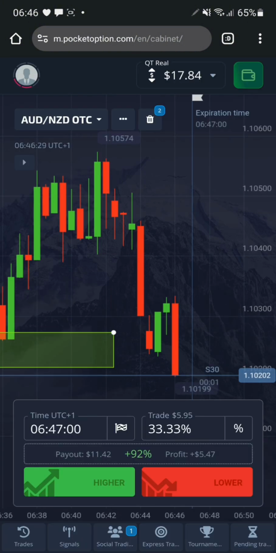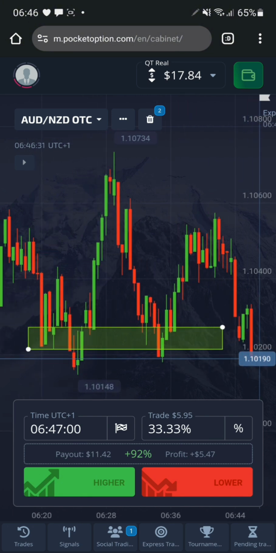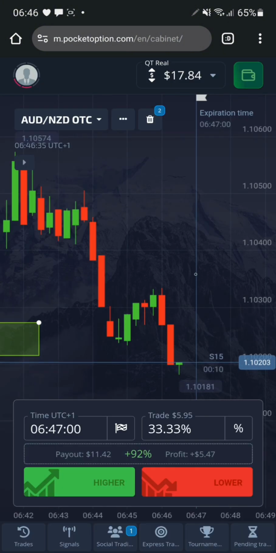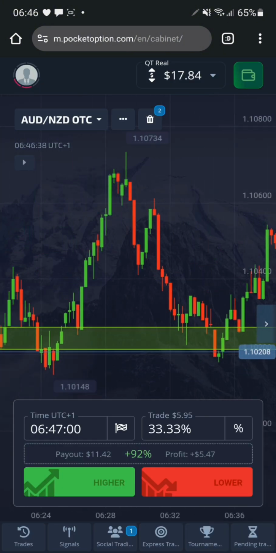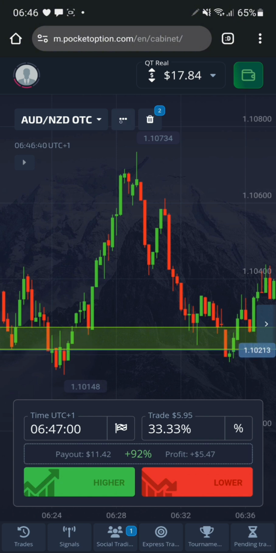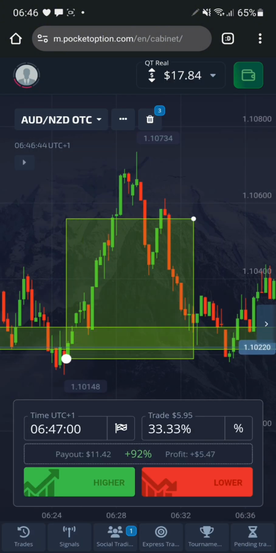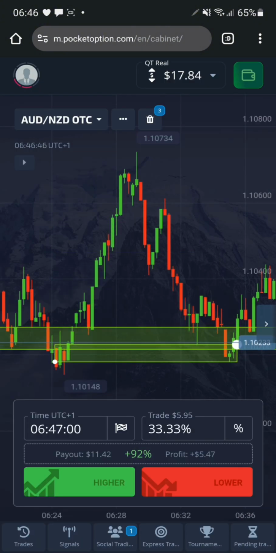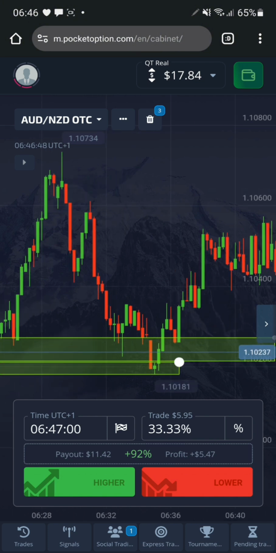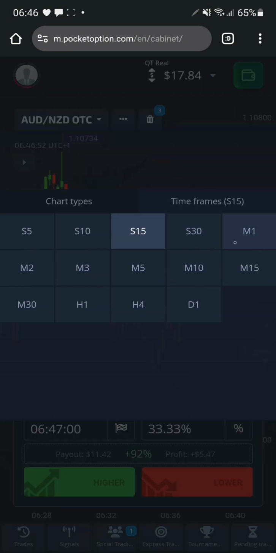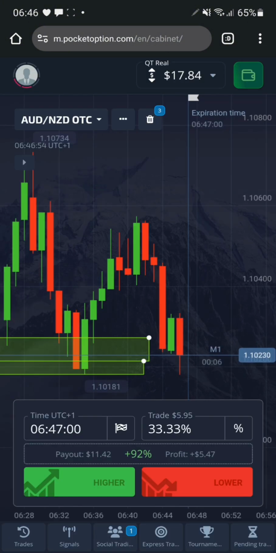Let me check if we have a low time frame confirmation. Let's see. Okay, yes, you see there's a demand zone here at this lower time frame. You can see it's just below here, so we may still have another shot of taking.